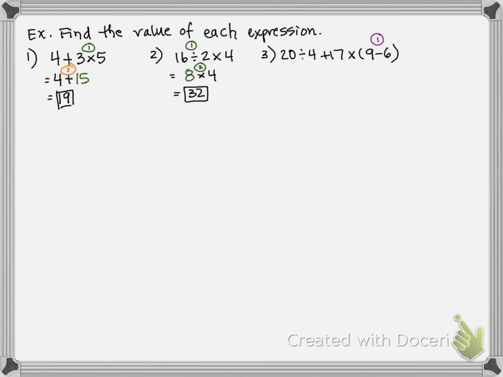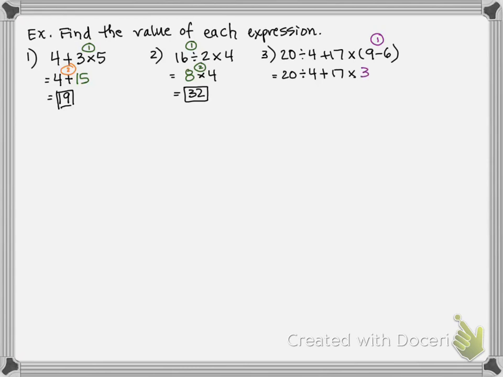So that's where I'm going to begin. And inside the grouping symbol, I only have one thing to do, and that's to subtract. So everything else gets rewritten. 20 divided by 4 plus 17 times, and then 9 take away 6 is 3.